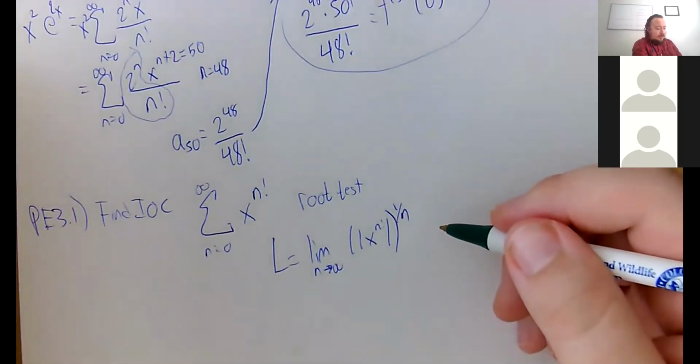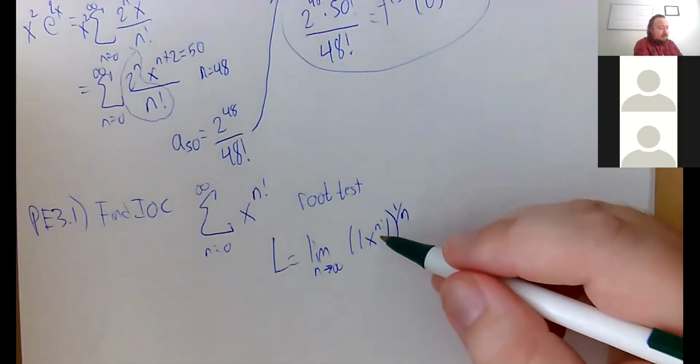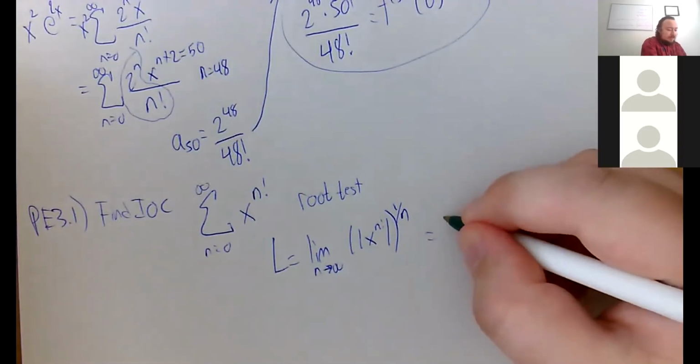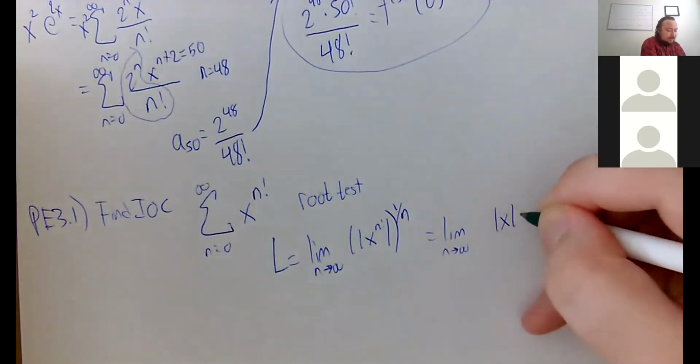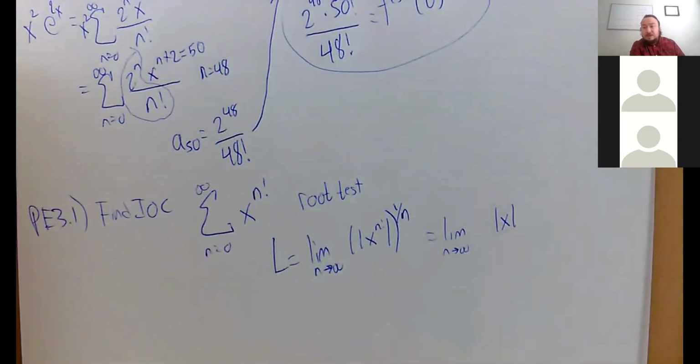All right, so let's see here. I'm going to move the absolute value in here. You can move powers outside of the absolute value. So I have the limit as n goes to infinity of absolute value of x.